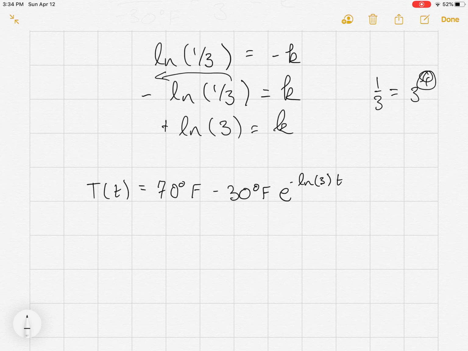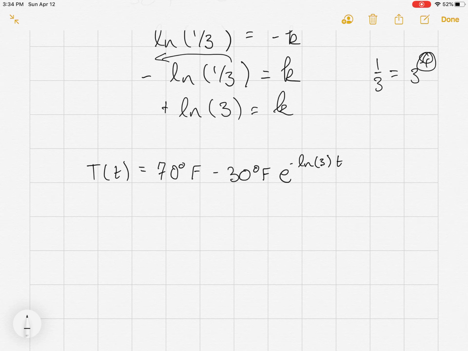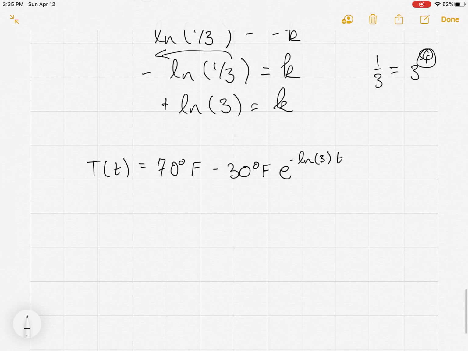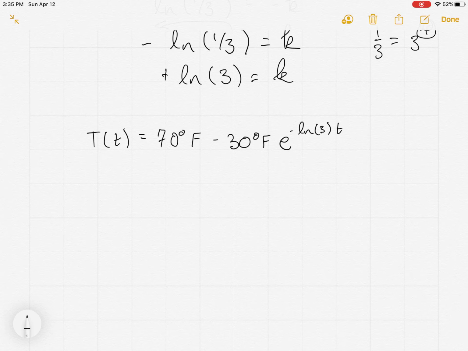All right? And that is going to be the function that models the time it takes for my bottle of soda to heat up.